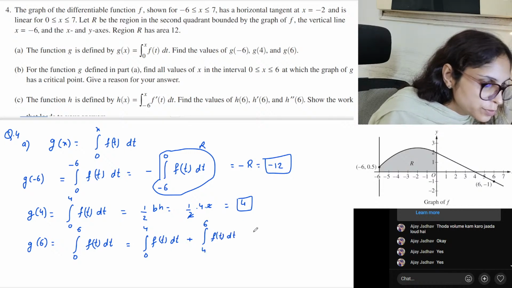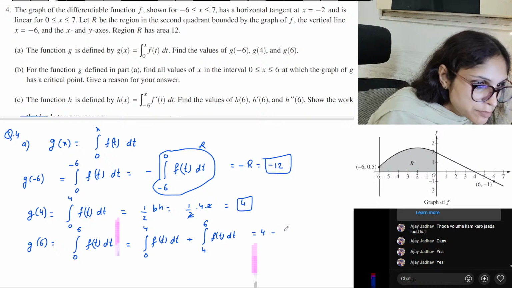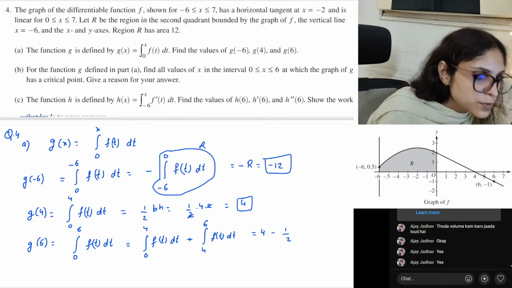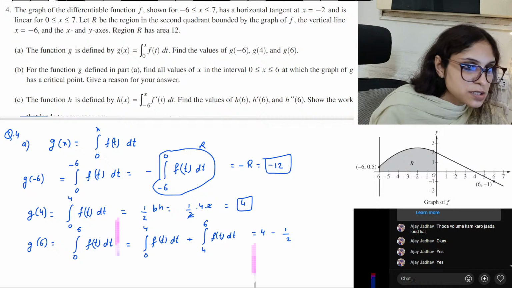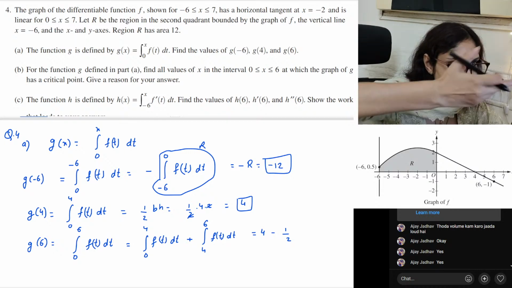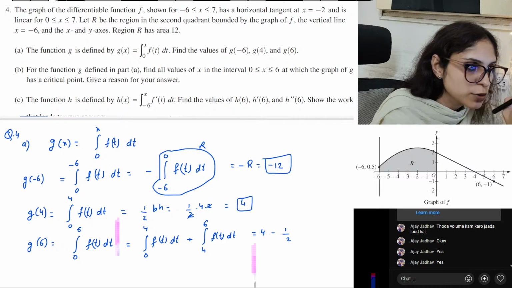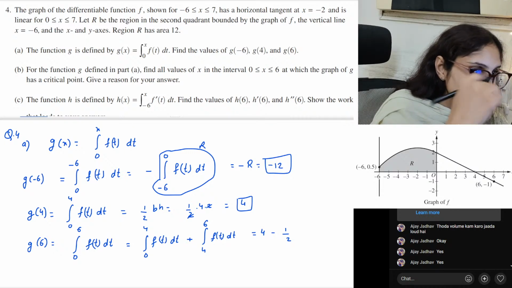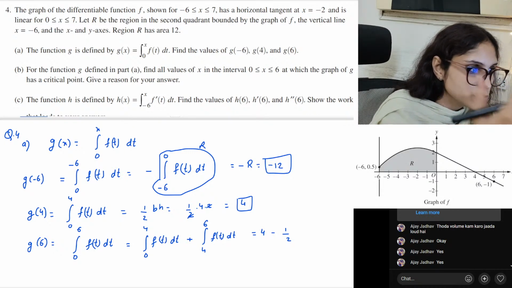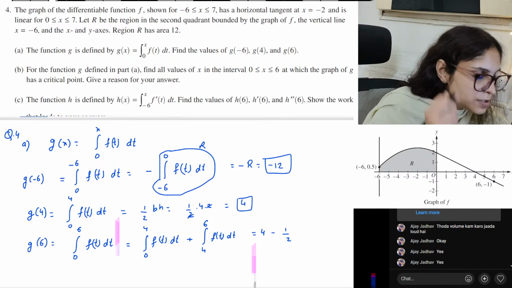Now 0 to 4 from the previous one is 4, minus the part from 4 to 6. Why is it going to be negative? Because it is below the x-axis, it is downwards. There, the base is 2 because you're going from 4 to 6. The height is 1 because it is 6 comma negative 1, so you're going from 0 to negative 1. So that is 1.